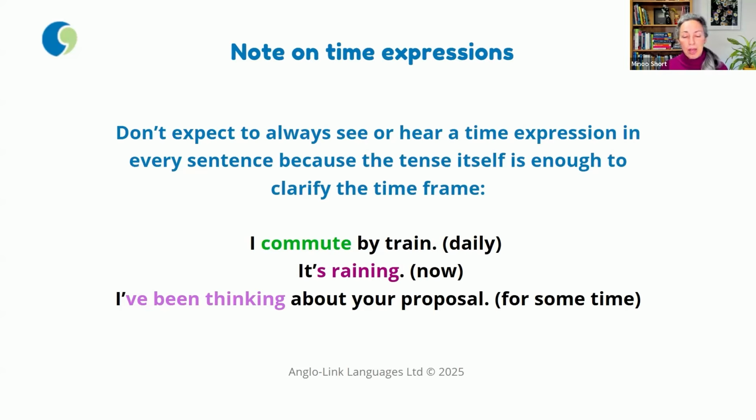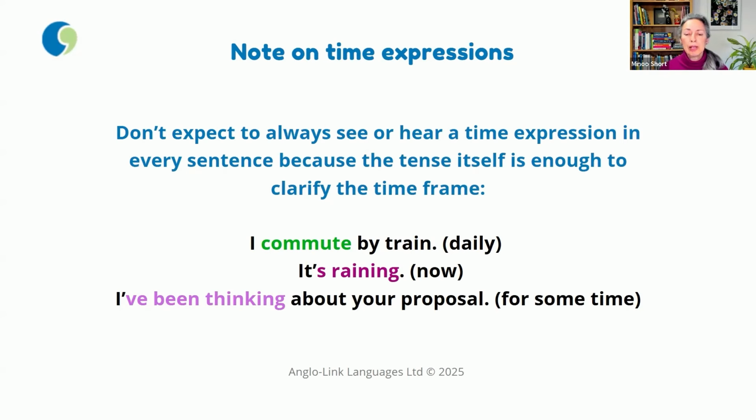If someone says, it's raining, without saying now, because they're using the present continuous tense, obviously it's now, at the moment. And someone may say, I've been thinking about your proposal. They don't need to add for or since. Just using I've been doing, I've been thinking, tells you that it's for some time. That's a very important thing to remember.